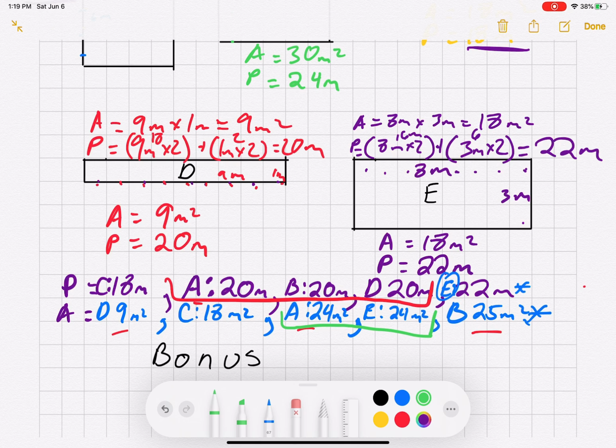So you can either do that by how I did it here, or you can add the length plus the width and then multiply by 2. So you can make that choice, however you want to do it. So the perimeter and the area are related to each other, but they don't depend on each other.